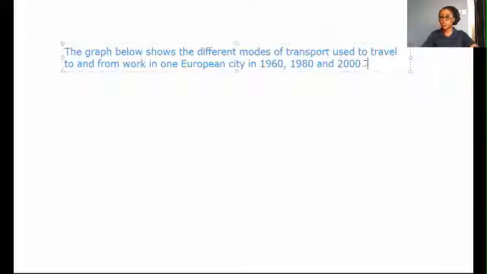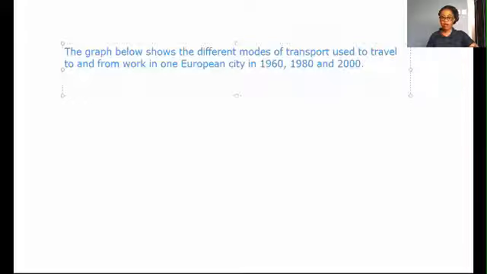So make sure that you think about grammar even as you think of paraphrasing the description that you have. So I want to show you an example of an introduction that I have based on this particular question.